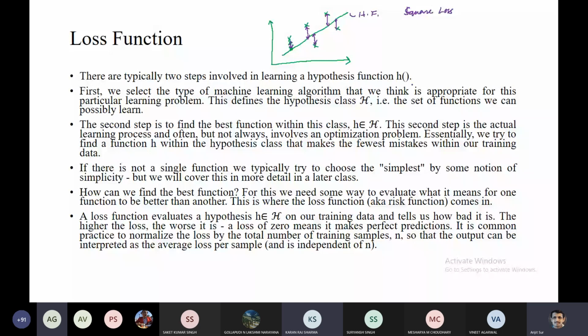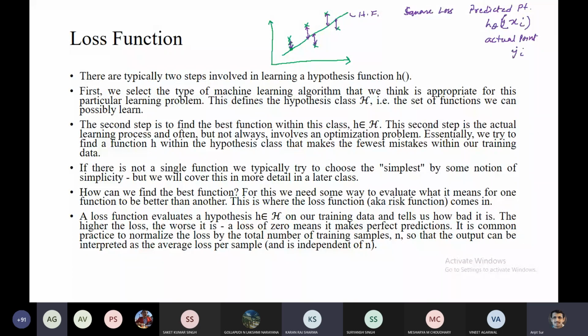The predicted point is basically h theta x i, and the actual point is y i.